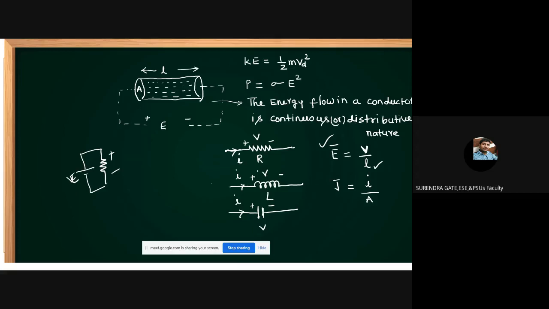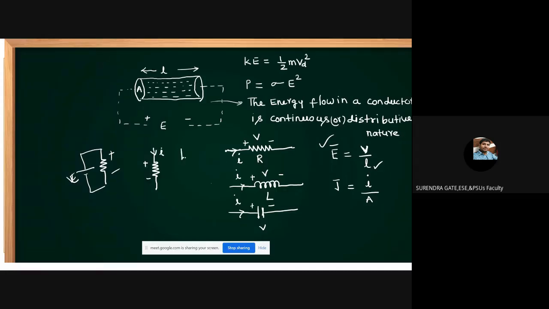If the current enters at the positive terminals of all these elements, then they take energy. For example, if it is a resistor, the current enters at the positive terminal.